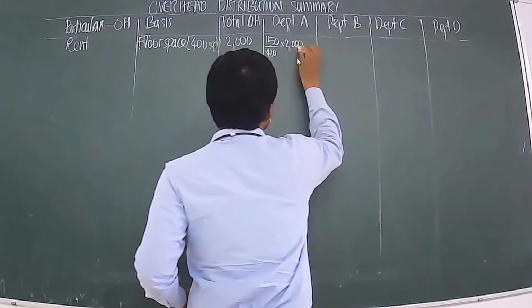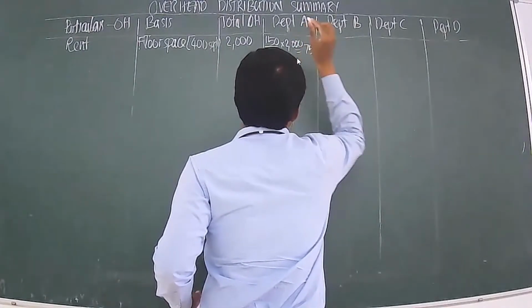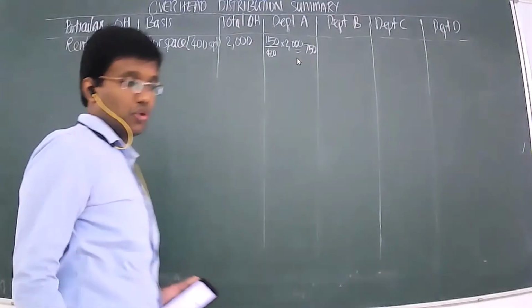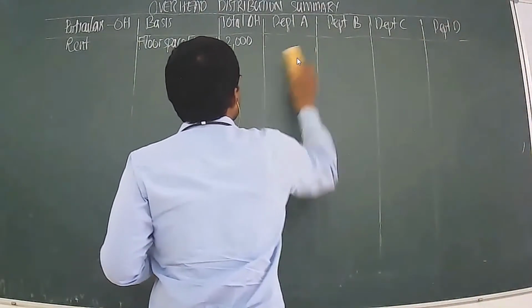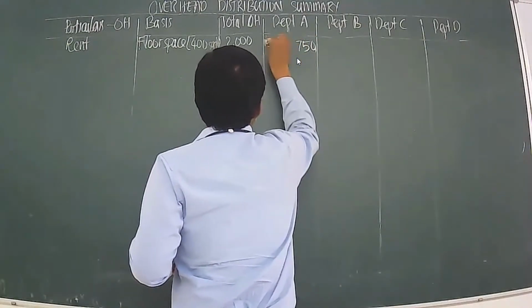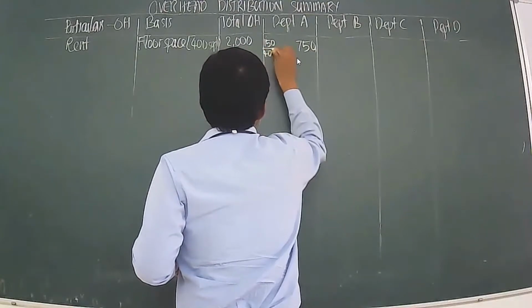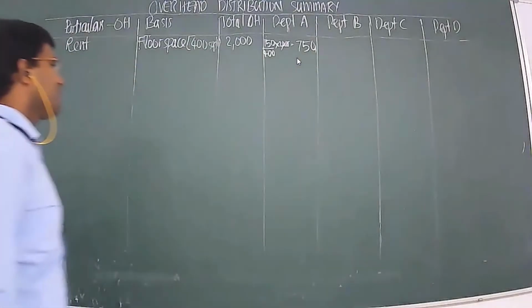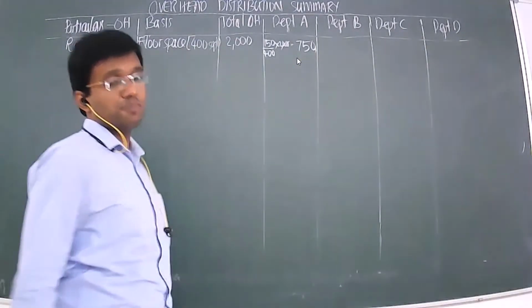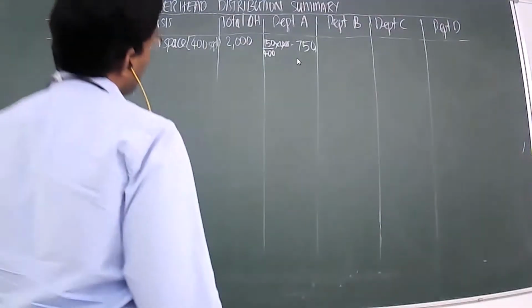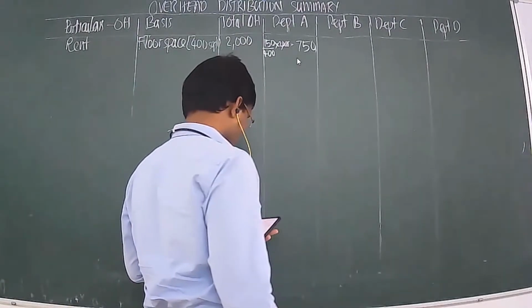this works out to be 750. Now how did I get 750? Let me erase this and write it in a proper way. 150, which is the space occupied by department A, divided by 400, which is the total space, into 2000, the total rent that I'm paying.